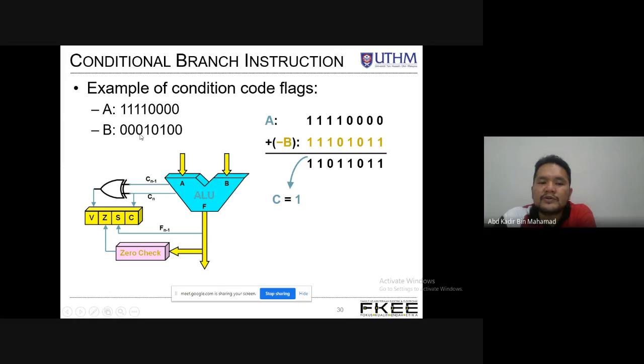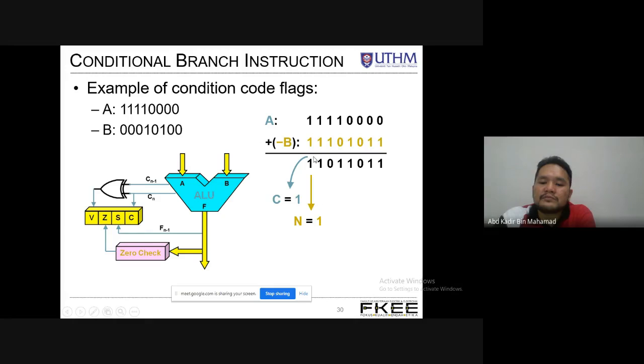So to do the subtraction operation, you need to do the complement of the value for B. After this operation, you get the result, 1 1 plus 1 1 1, then 1 1 1 you get 1 1. So they have carry 1 here.